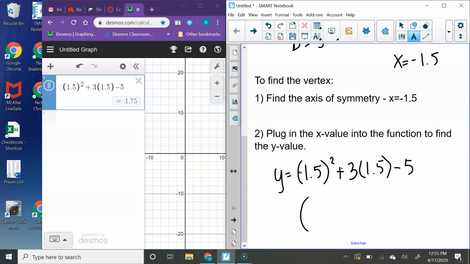Let's make that negative 1.5, both of those. Actually, we should get negative 7.25. So my x-coordinate is negative 1.5, and my y-coordinate is negative 7.25 for that.